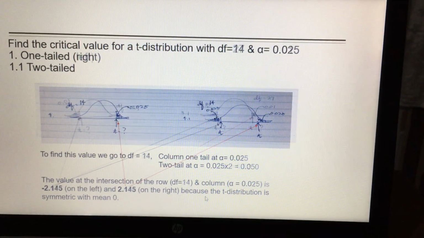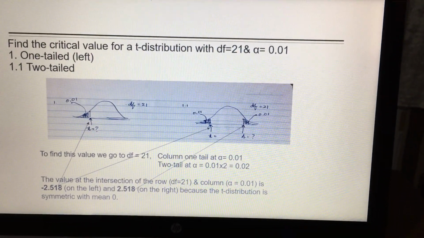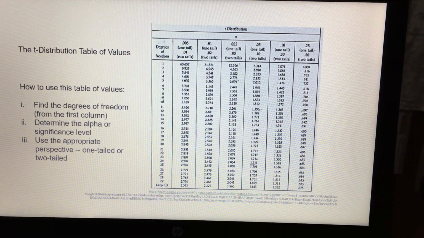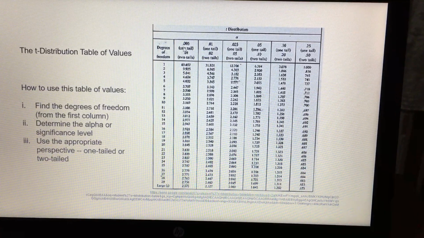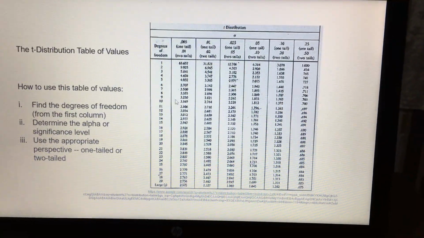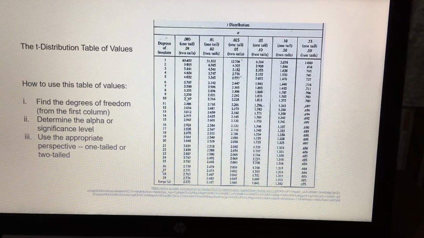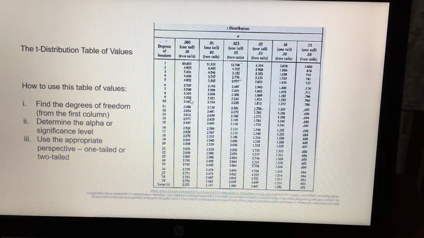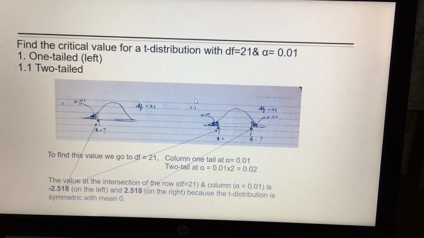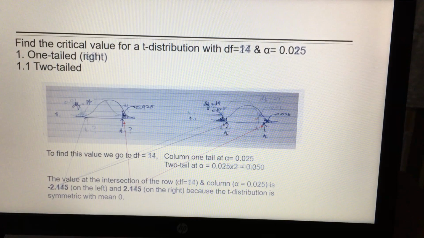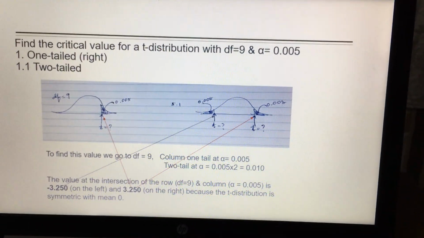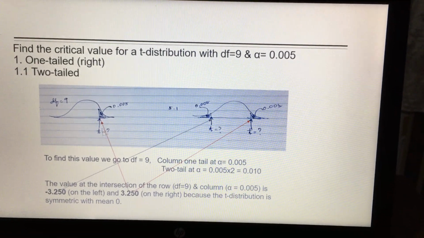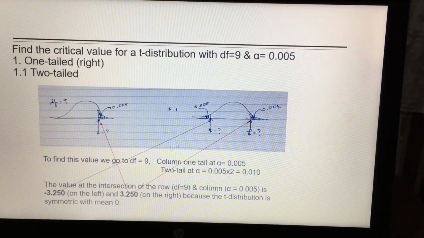And we go back to our table of t-distribution values, and we see that for degrees of freedom 9 and for alpha at 0.005, the value that we get is 3.250 on the right and negative 3.250 on the left. And that is the value that is required for example number 5. On the right, it will be positive 3.250, and on the left, it will be negative 3.250.